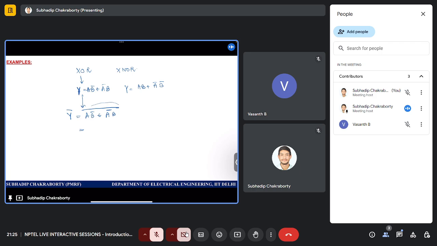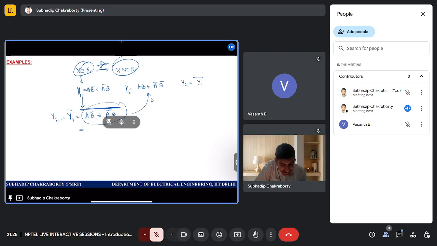This should be the same as this, because if this is Y2 and this is Y1, we know Y2 is nothing but the complement of Y1, because this is XOR, this is XNOR. It is just the inversion, right? So if I complement Y1, I should get Y2. Now Y1 I complemented. Now try to use De Morgan's theorem and other laws that I already told you to simplify this expression to prove that it is nothing but this expression.